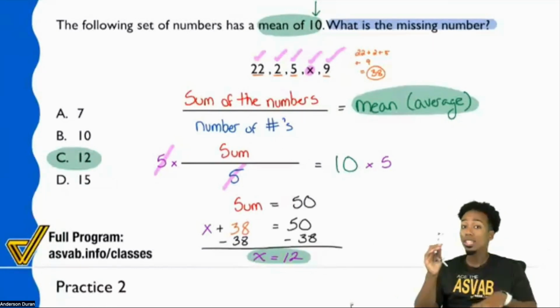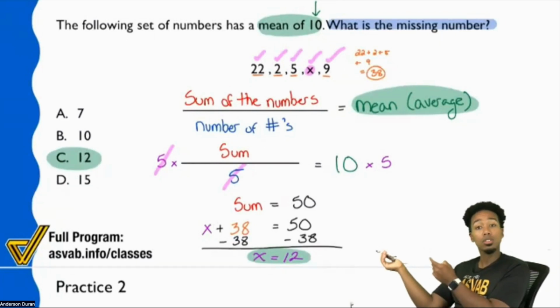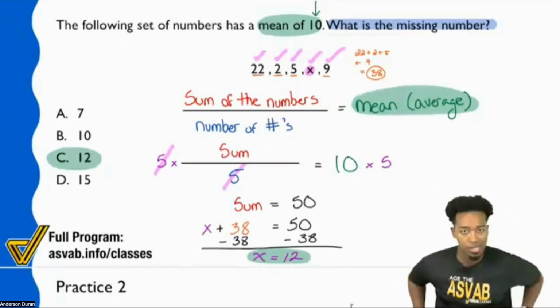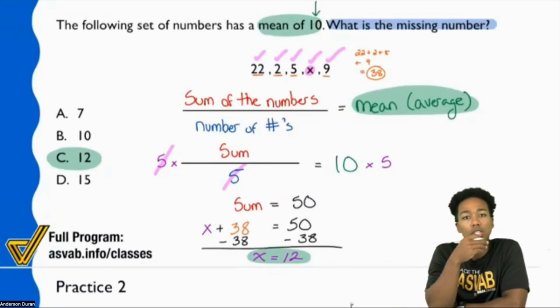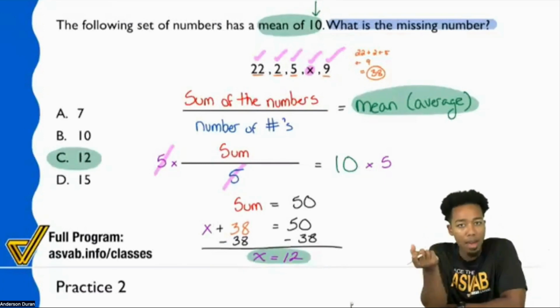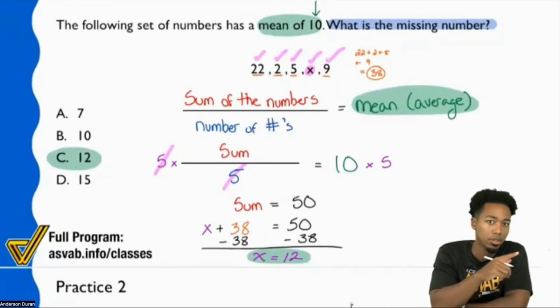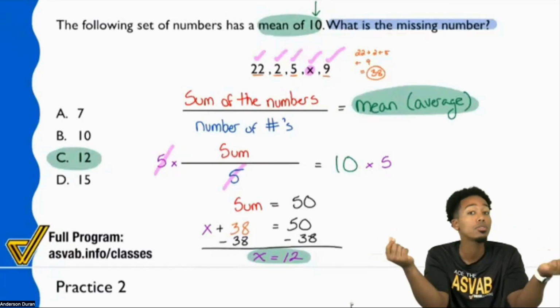But those of you who really like the scale, this makes a lot more sense because you understand the balance. Essentially you're working backwards from the balance point, from the 10, from the mean to get to the missing number. We did the same thing. We found the missing number. We just used two different techniques.